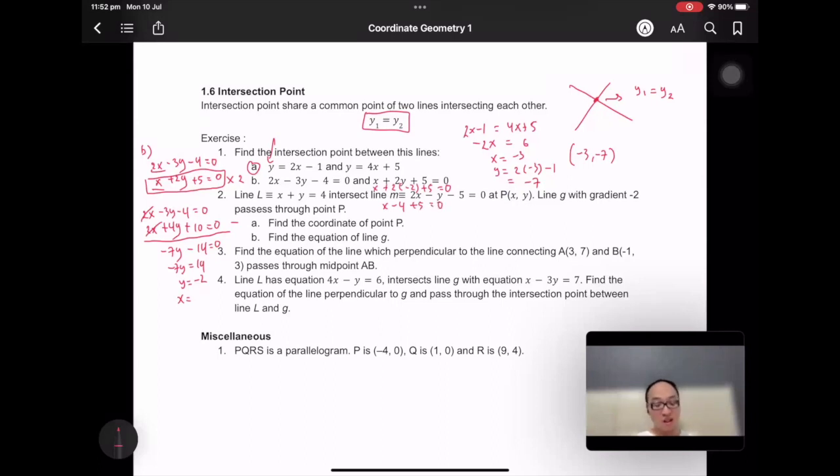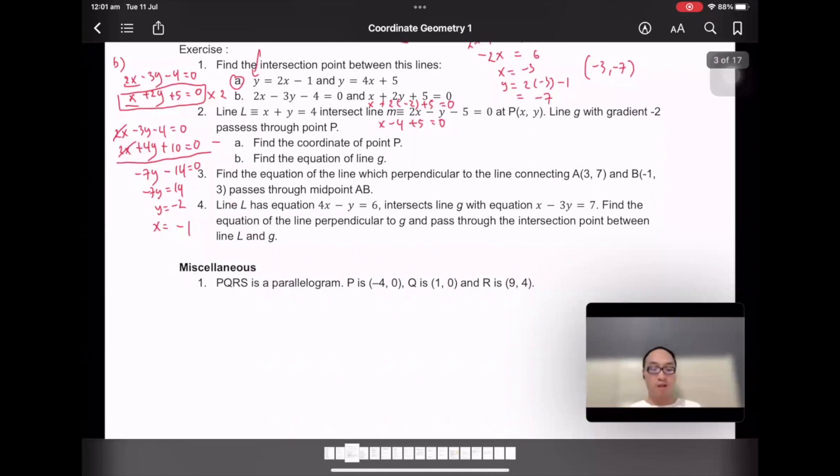So x equals to negative 1. That's it. So you can try the other numbers for your own practice. For miscellaneous questions, I leave them for you for your own practice as well.